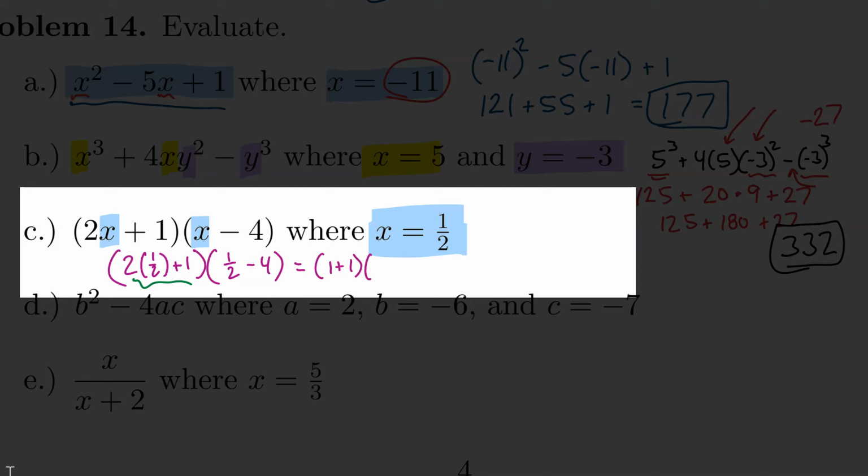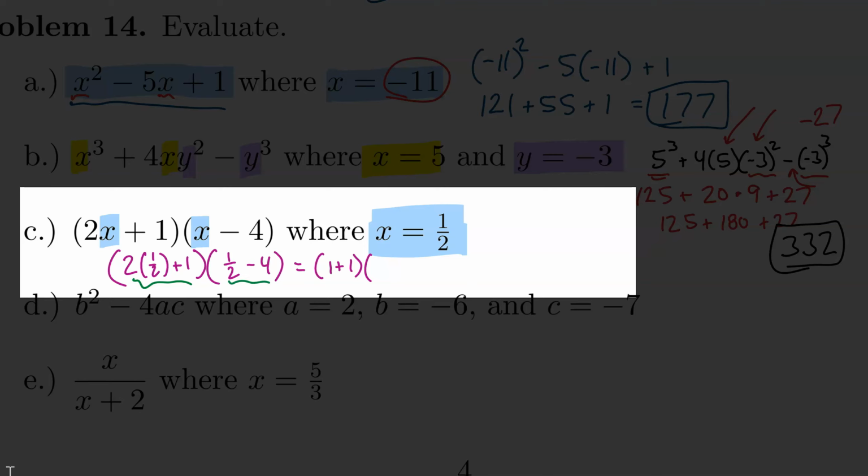So that will just become 2. The second factor in the expression, 1/2 minus 4, is going to become negative 3.5. So what I really have is 2 times negative 3.5, which of course is going to equal negative 7.